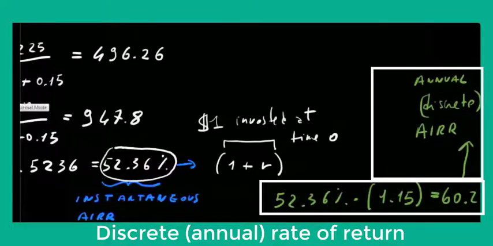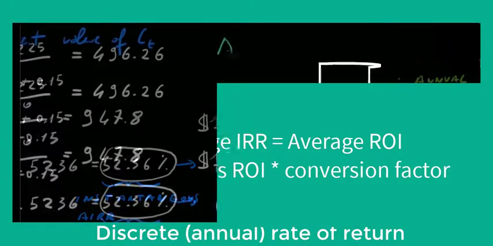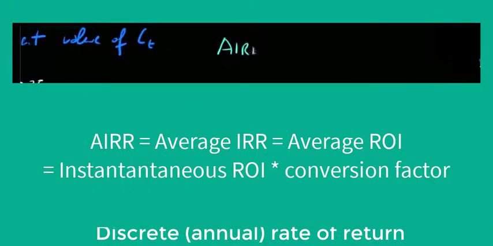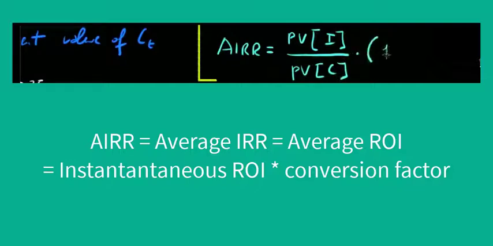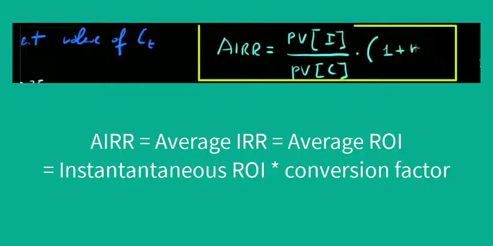So we can conclude that the AIRR may be computed as a ratio of the present value of all the returns to the present value of all the capitals multiplied by 1 plus the cost of capital.